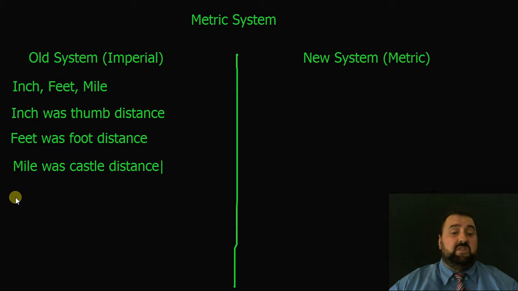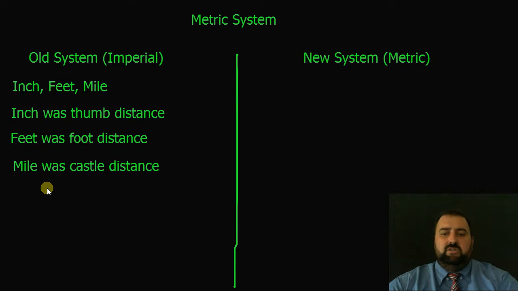There's other units in between this, but the main ones were inches, feet, and miles. So if you were going to convert units, you didn't have any idea how much that was in miles. So eventually a French person came up with the idea of the metric system, which is quite straightforward.